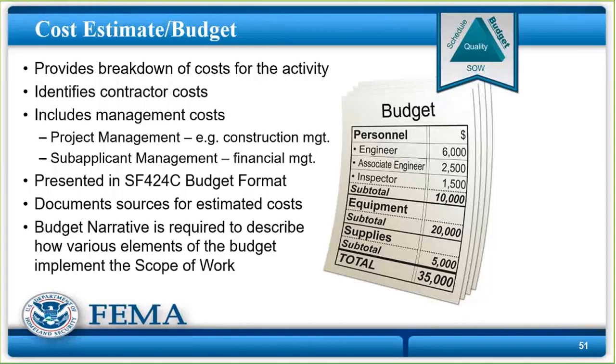So there's some flexibility because it's a cost estimate. It's not a contract. You'll do a contract many times to implement the project, but the application itself and the award is not fixed.